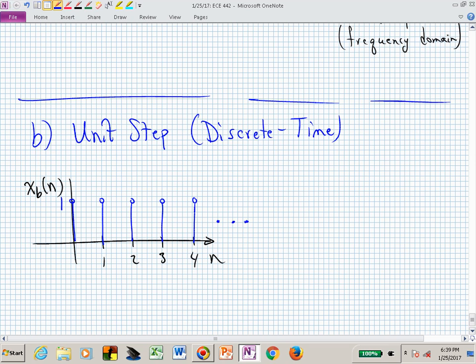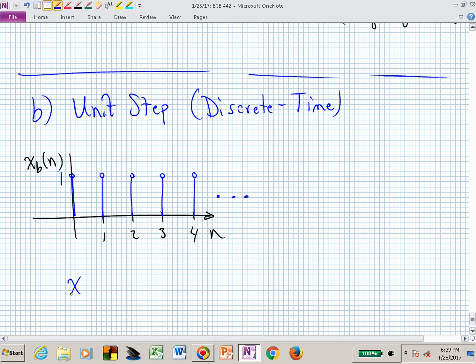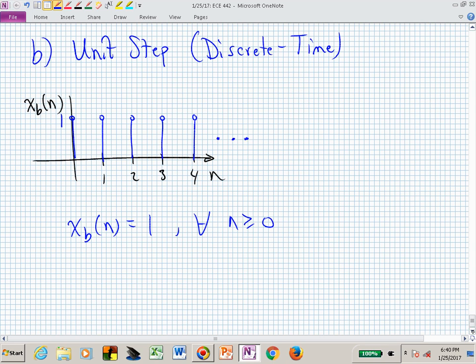The ellipses means this goes on and on forever. It's a unit step, but it's 1 only at 0, at 1, at 2, at 3, etc. In equation form, x sub b of n is 1 for all n greater than or equal to 0.